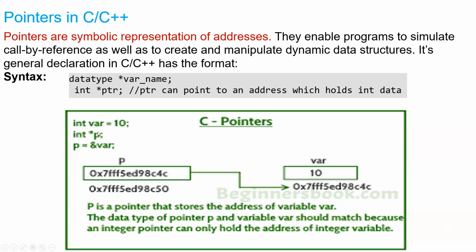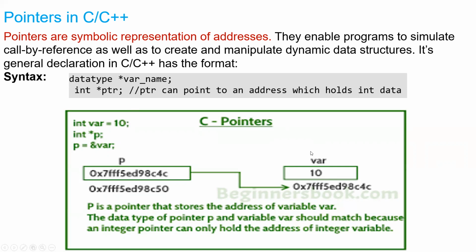The address where my var is storing the value 10. Look here now. This is p, a pointer variable. And this is var, which has the value 10.